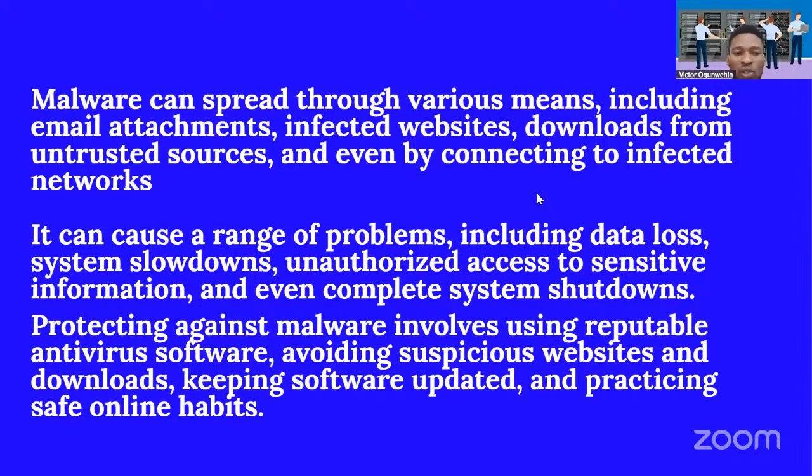It's vulnerable to any cyber attack. And practice safe online habits, which means don't just click any link, don't just enter any untrusted site. All of that is important to prevent malware from getting into our system.